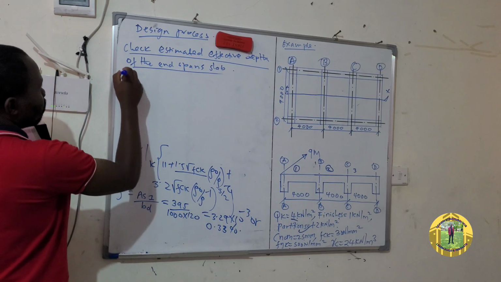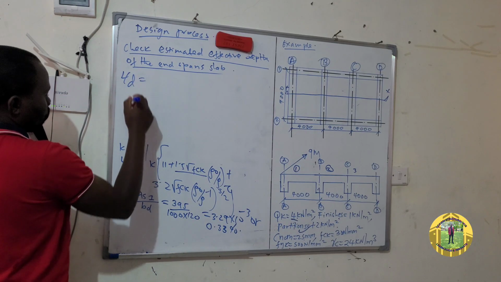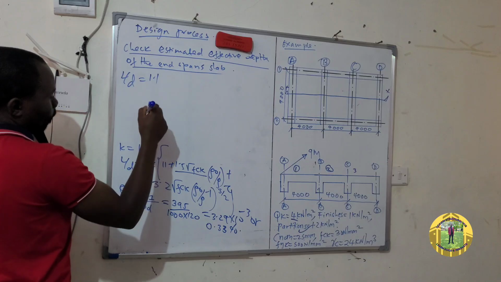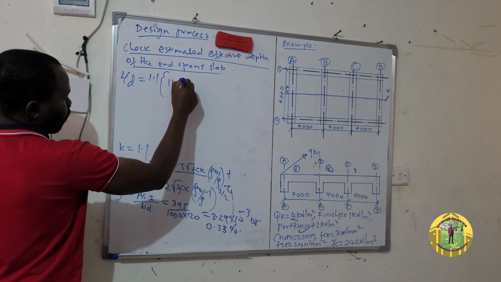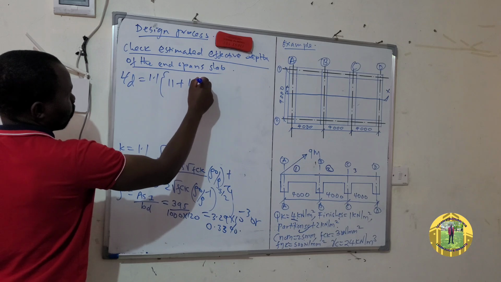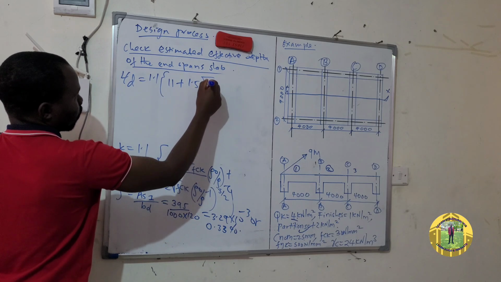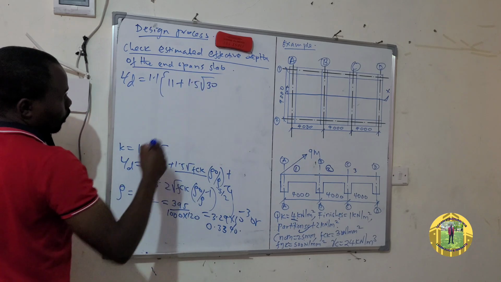So we proceed. So L over D is equal to K, which is 1.1, 11 plus 1.5, FCK is 30, like that.